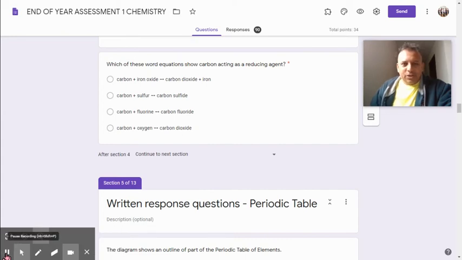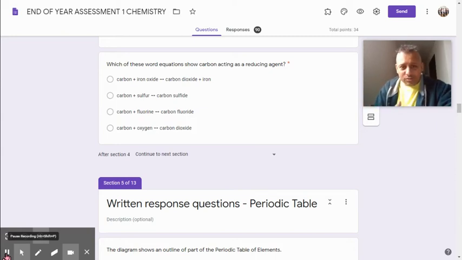Which of these word equations show carbon acting as a reducing agent? Well, this would mean that carbon removes oxygen from whatever it is that it's reacting with, and that carbon would gain the oxygen. So some people may have thought that carbon plus oxygen reacting to form carbon dioxide could be seen as carbon acting as a reducing agent, but I then would ask the question, well, what is being left behind?